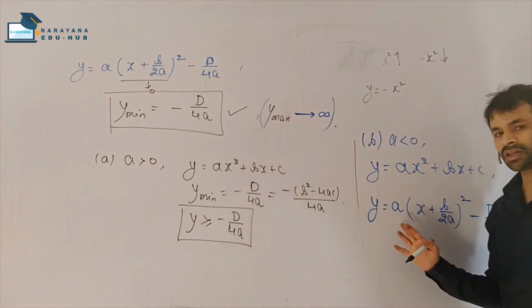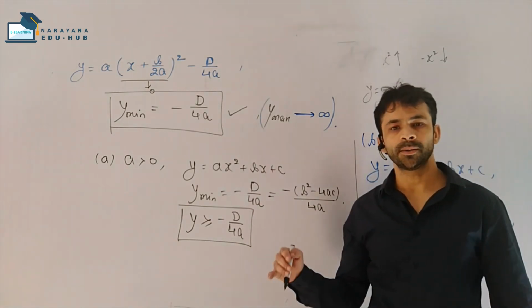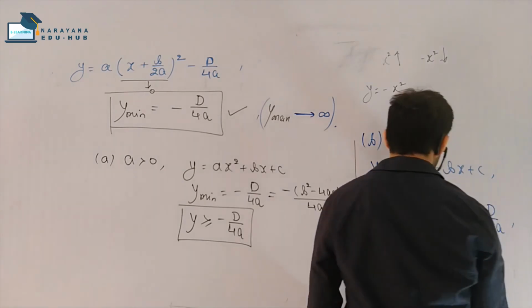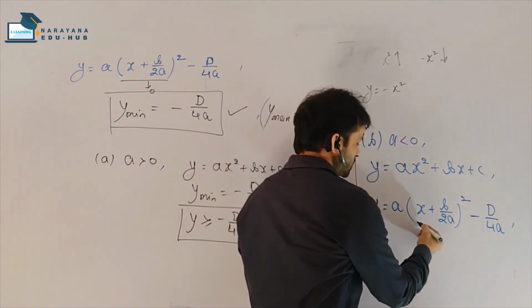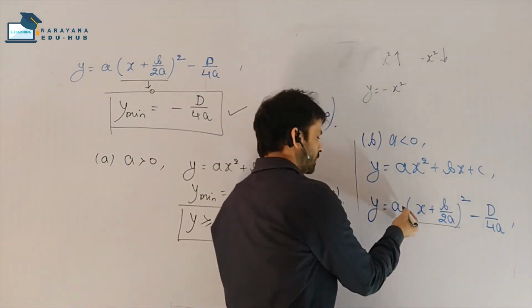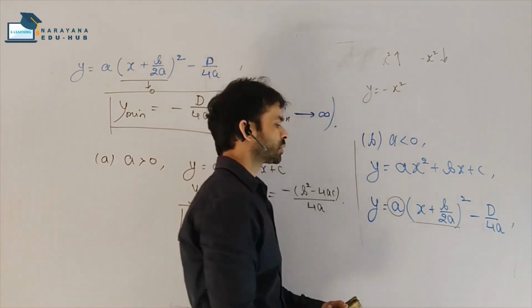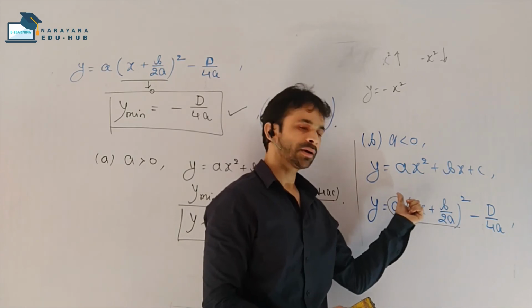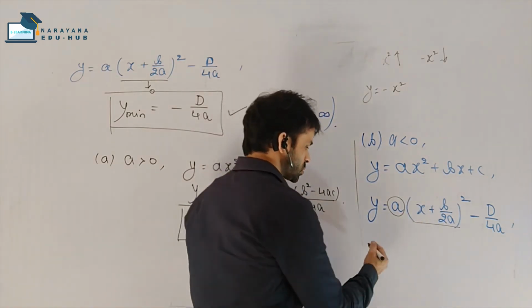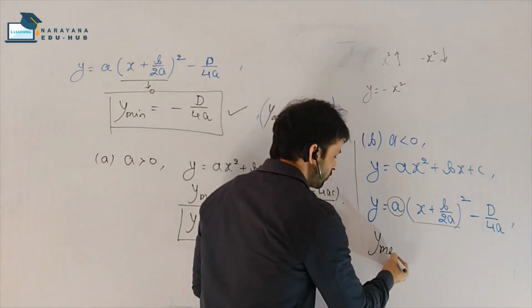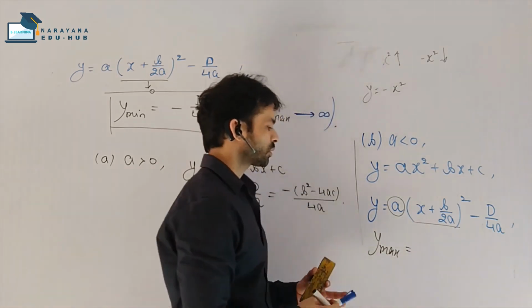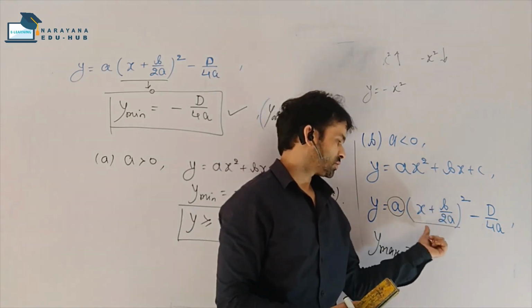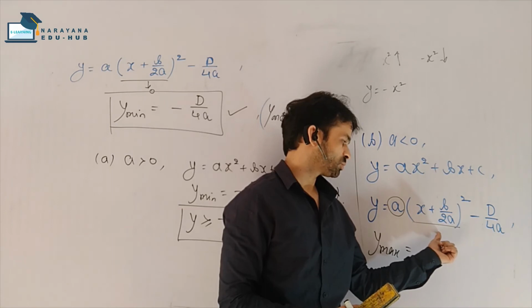So in place of the minimum value, now you will get the maximum value. When this is minimum, since a is negative, this whole thing will be maximum. For this to have minimum value, this has to be 0.